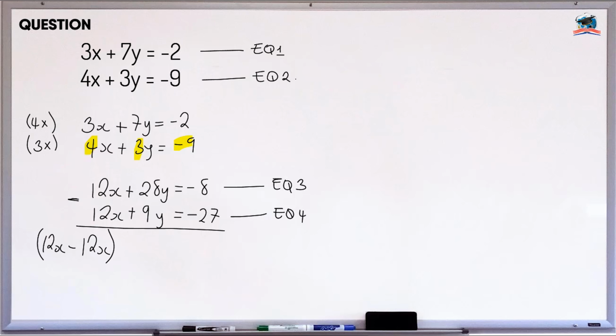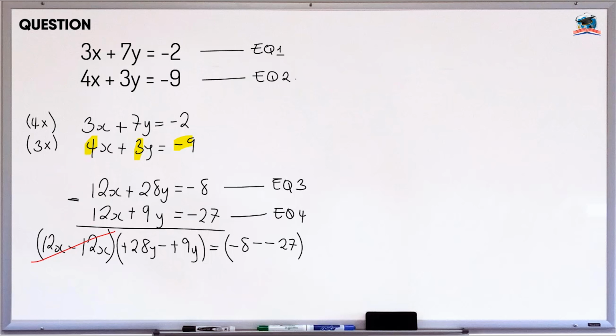And then we will go for the other one: 28y subtract 9y is equal to minus 8, subtract minus 27. So 12x minus 12x, that's 0. We just cancel that out and then we proceed.